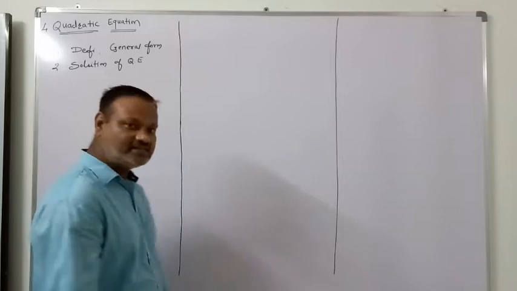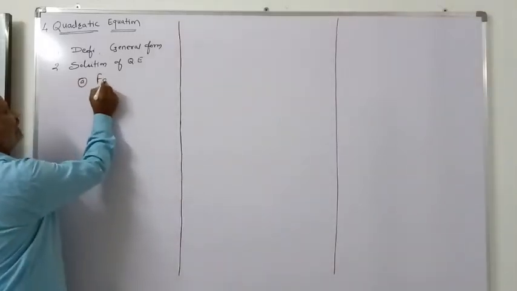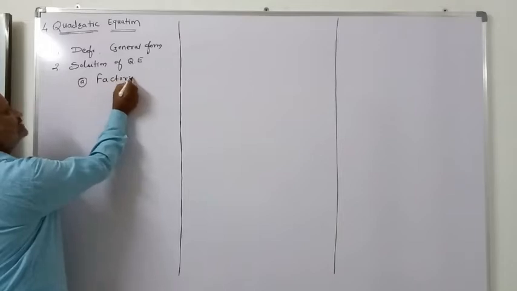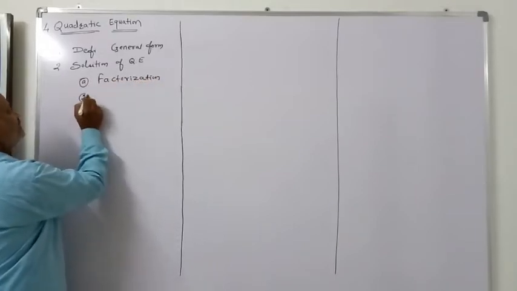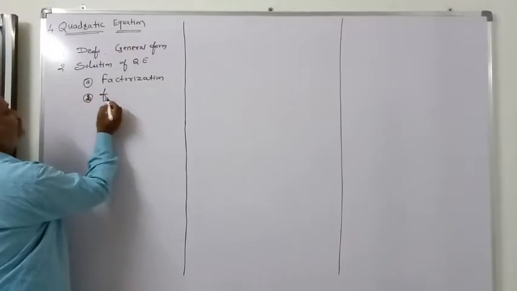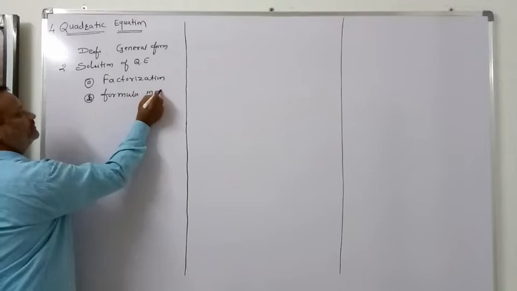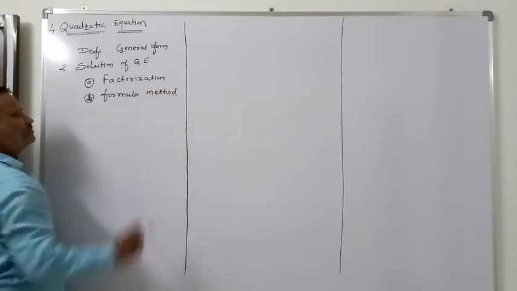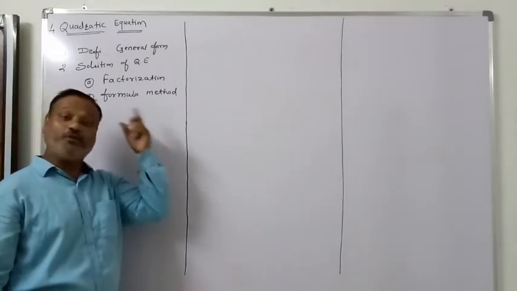The first is the factorization method. Second is the formula method. By using these 2 methods, we can find the solution of the quadratic equation.